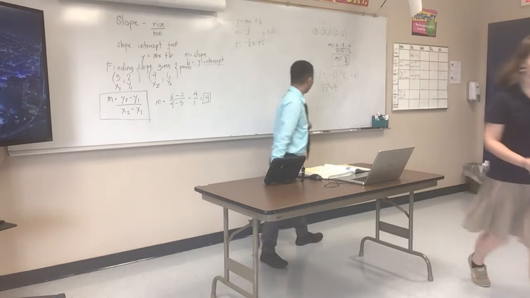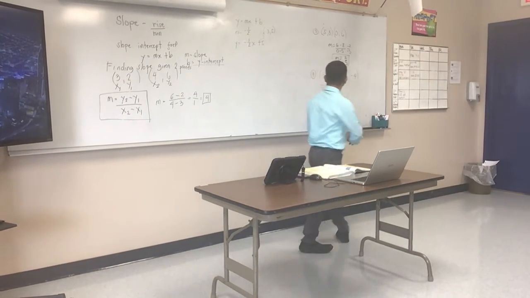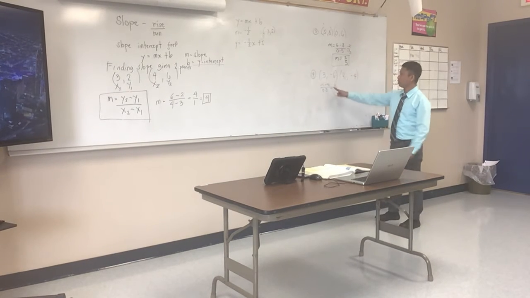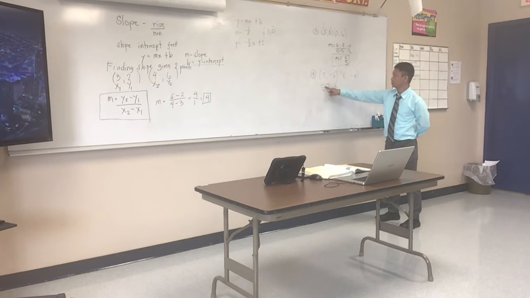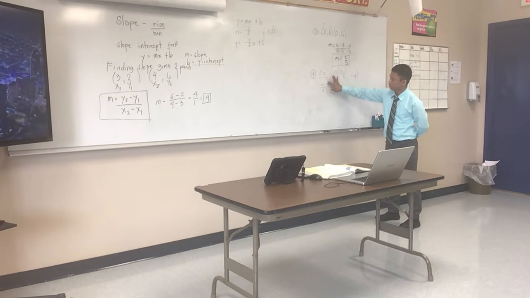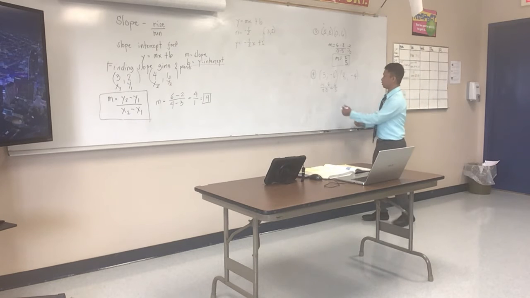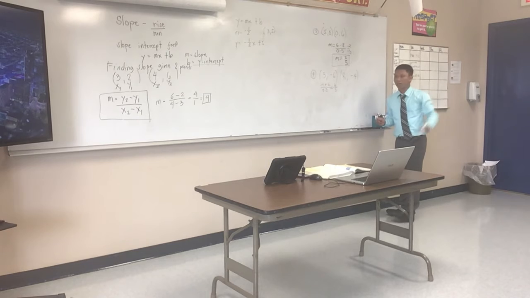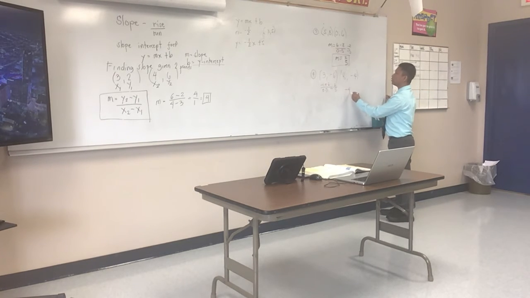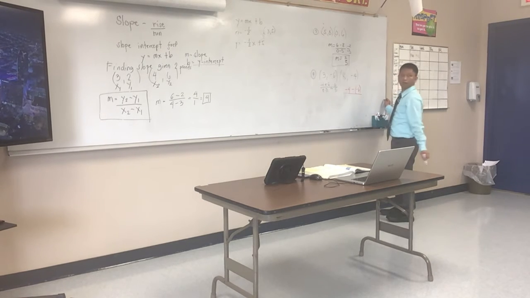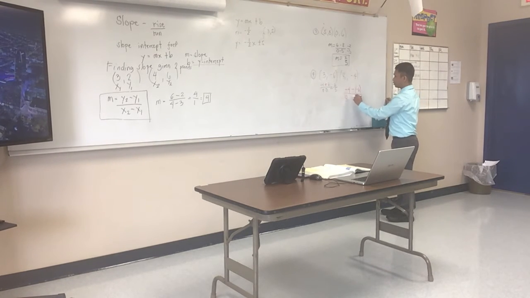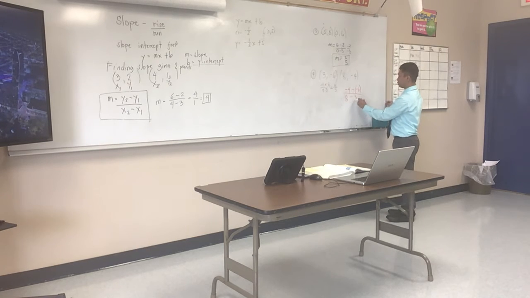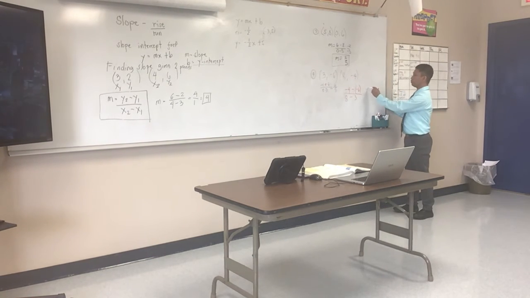Okay, that would be -4 plus 6. You just change the sign. Okay, so this would be -4 minus -6 over 8 minus 3.